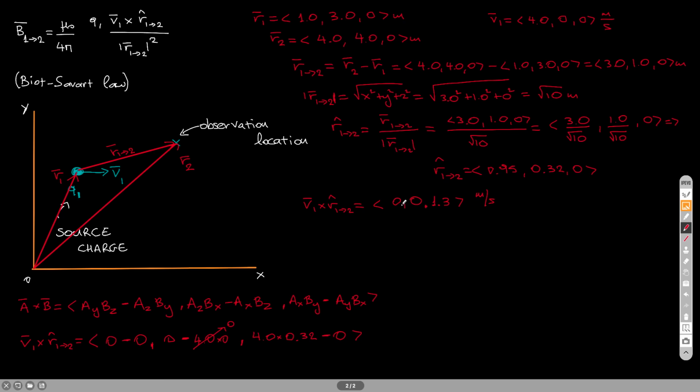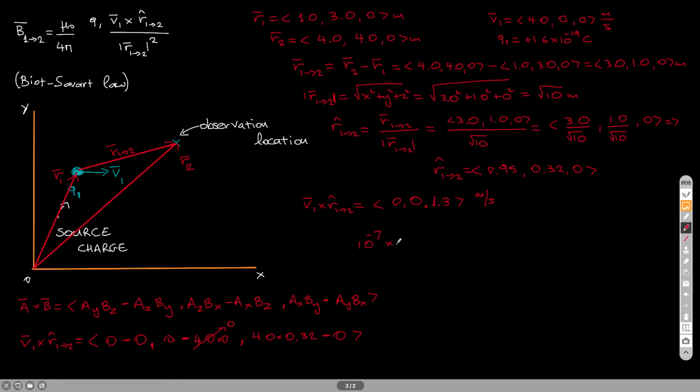Now that I have this vector, the next step is to plug in everything and find the final result. The constant mu naught over 4 pi is 10 to the minus 7. And then I need to use the charge Q1. This needs to be given from the problem. Let's say that this is a proton. So I have 1.6 times 10 to the minus 19 coulombs.